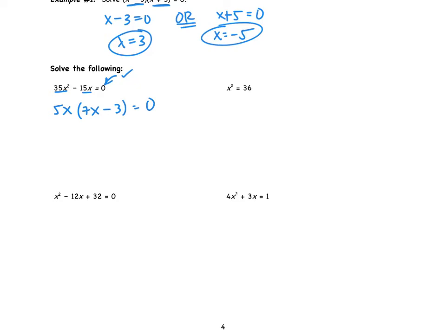Okay, so again, we have our two numbers, or two expressions. So in this case, 5x is equal to 0, or 7x minus 3 is equal to 0. If I divide by 5, I get x equals 0. If I add 3, I get 7x equals 3. So x is equal to 3 over 7.